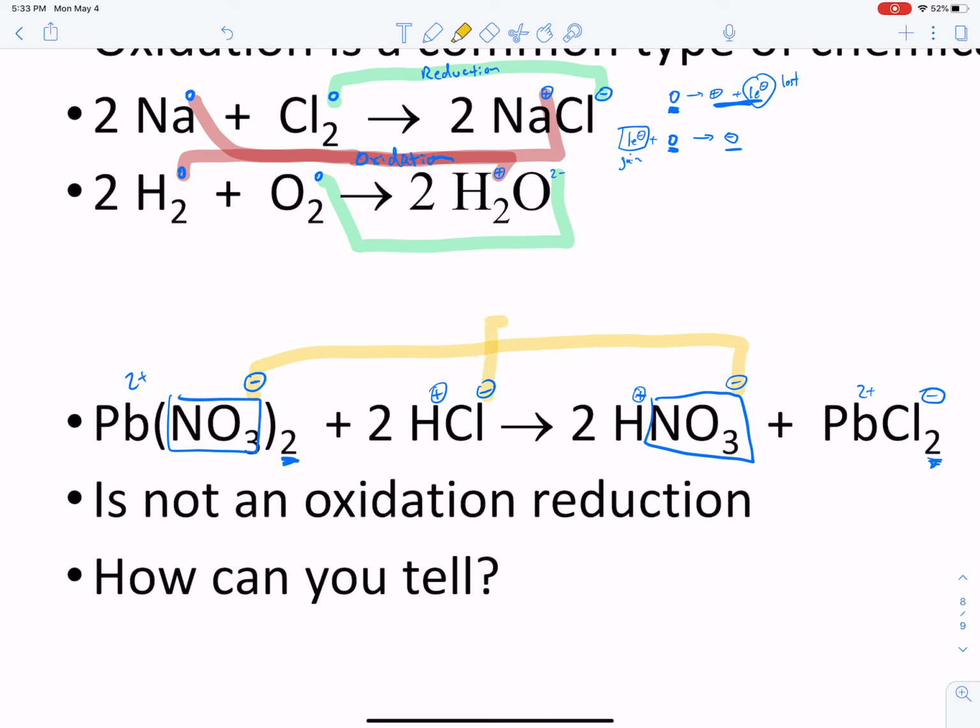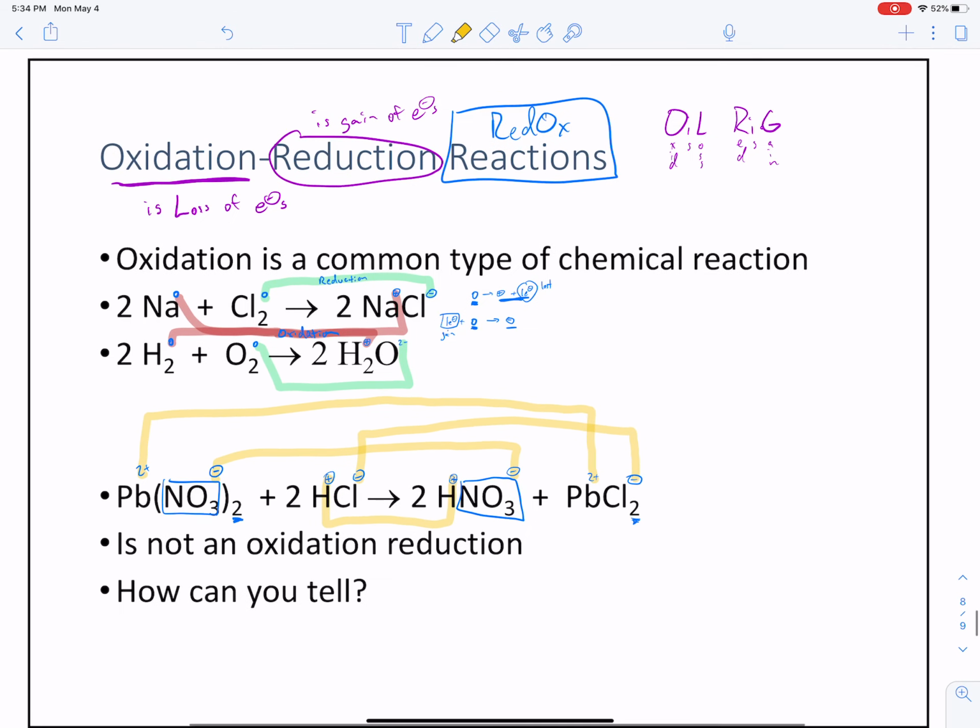Chlorine, negative to chlorine, negative. Nothing there. What about lead? Lead positive 2 to lead positive 2. Nothing new. Do you see how it is not a redox reaction? Those oxidation numbers didn't change. Even this hydrogen right here didn't change. So we do not have an oxidation reduction reaction. When you see those charges change, then you tend to have an oxidation reduction reaction.